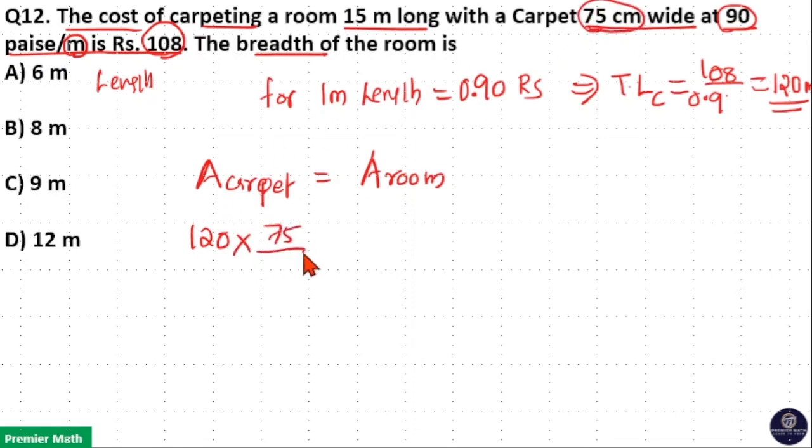So 75 by 100 meters is equal to the area of the room. Here, the length of the room is 15 meters into the breadth of the room. So here 15 goes 5 times in 75, 5 goes 20 times in 100, 20 goes 6 times in 120. So the breadth of the room is 6 meters. So option A is your answer.